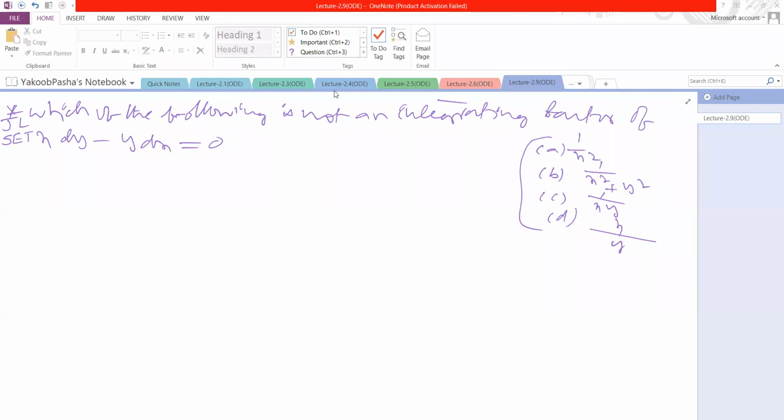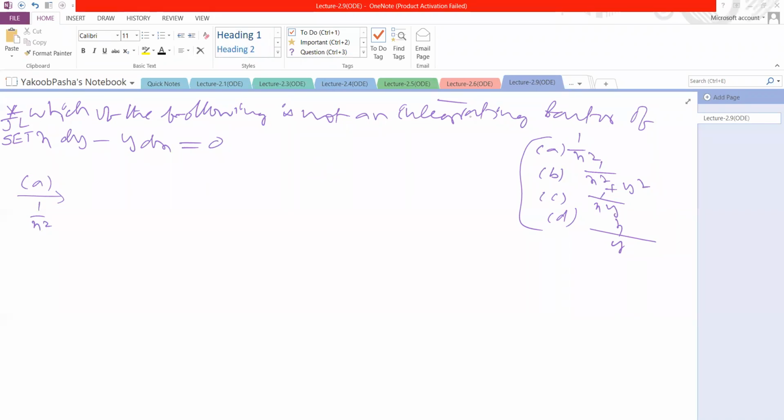Now I am taking the first option. Option A is 1 by x square. We have to multiply the given differential equation with 1 by x square. Clearly it is not an exact differential equation. Here M equal to minus y and N equal to x, dou M by dou y is minus 1 and dou N by dou x is plus 1.